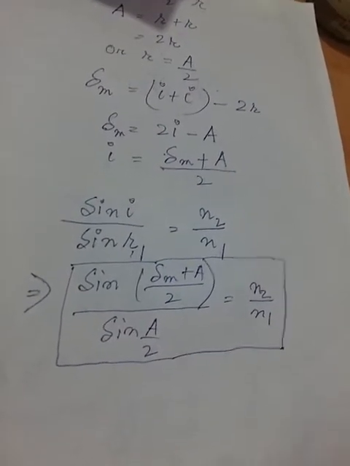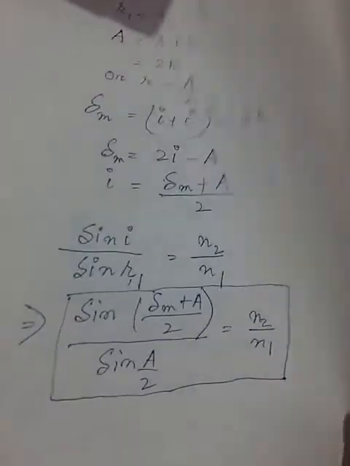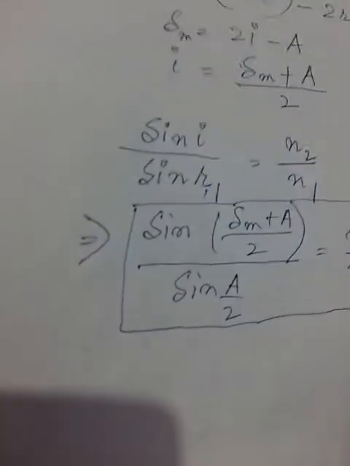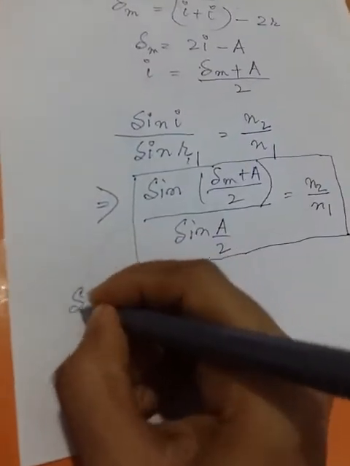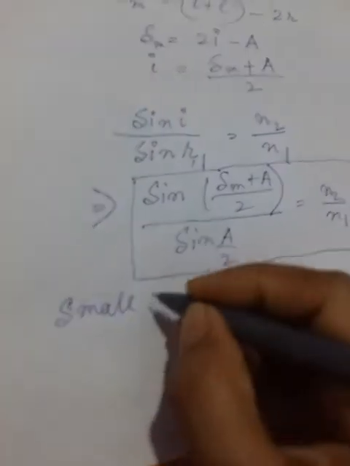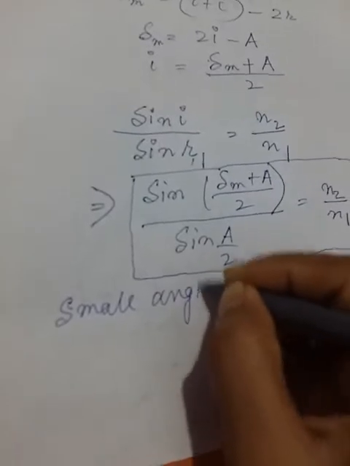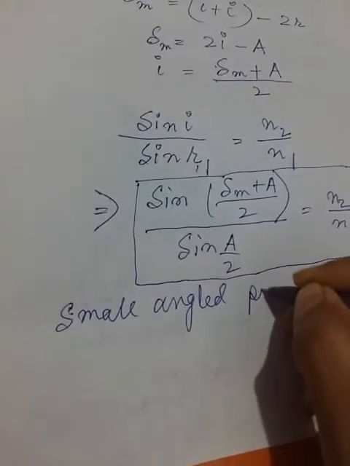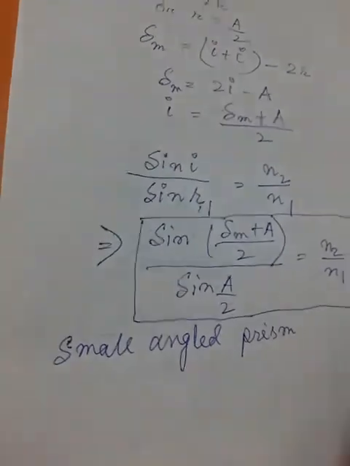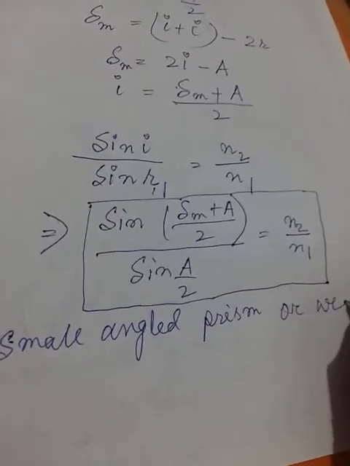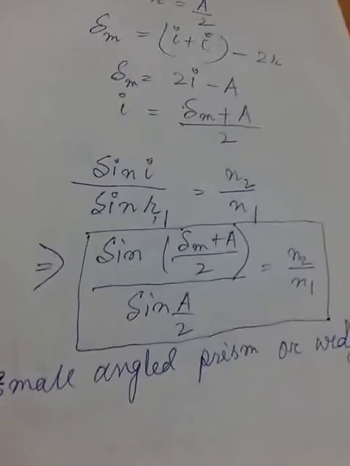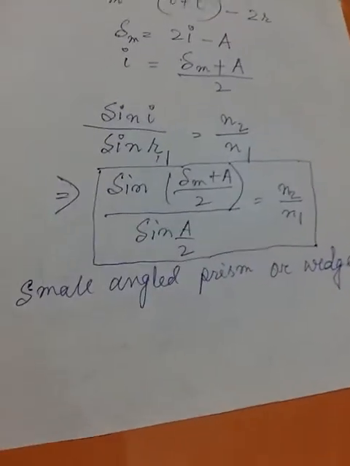Another special condition arises when we consider the small angle prism, or wedge.